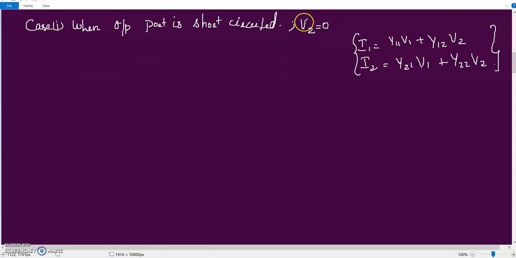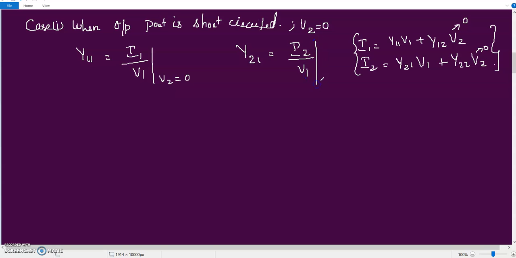So when the output port is short circuited, that is V2 equal to 0, from this we will get Y11 is equal to I1 by V1 at V2 is equal to 0, and also Y21 is equal to I2 by V1 at V2 is equal to 0.